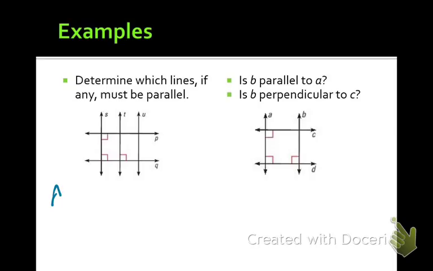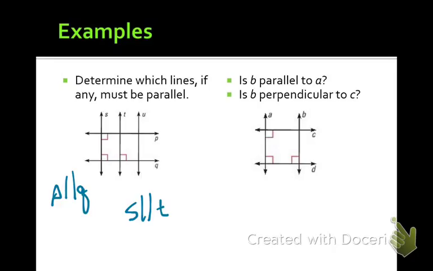So P must be parallel to Q, because they're both perpendicular to S, and S must be parallel to T because they're both perpendicular to Q.